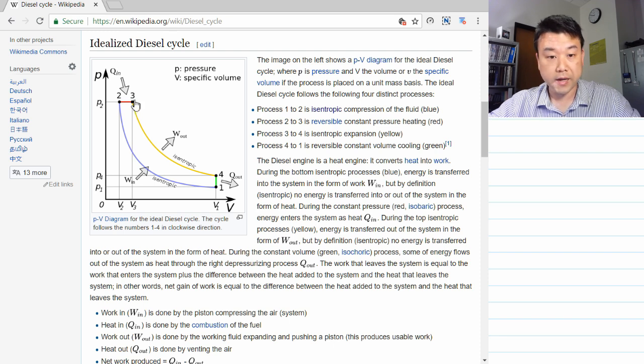In the Otto cycle, the assumption was that volume is mostly the same, it's the pressure that changes. With the diesel cycle, the idealization happens the other way. The pressure is constant and it's the volume that changes. And you can read about it on the Wikipedia page. Apparently in a real diesel engine, the pressure does change, but for us, this is the cycle we'll analyze.